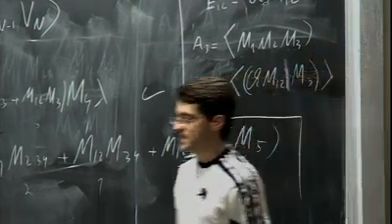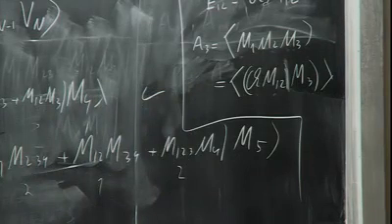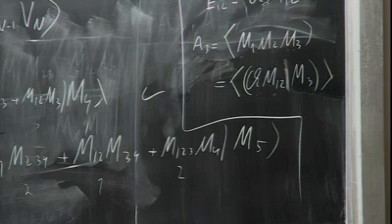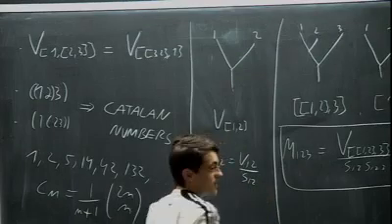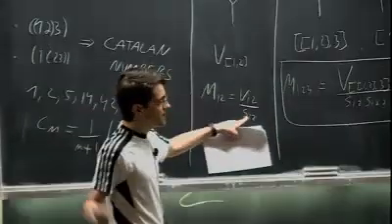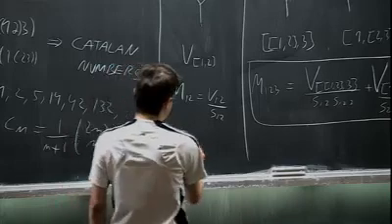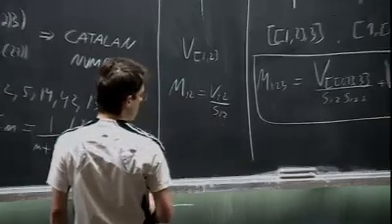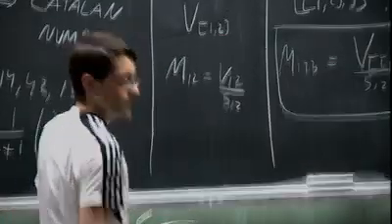But it's illegal to do that for 3 points, because M1, 2 was V1, 2 over S1, 2. And if you remember from Freddy's lecture, the 3-point Mandelstam invariants are 0.